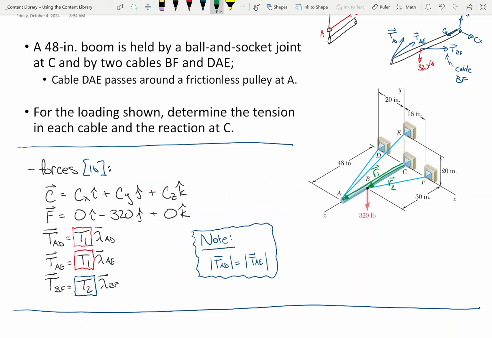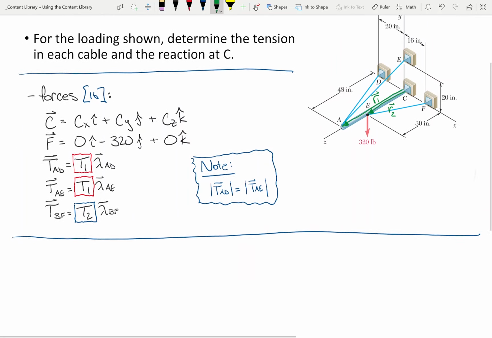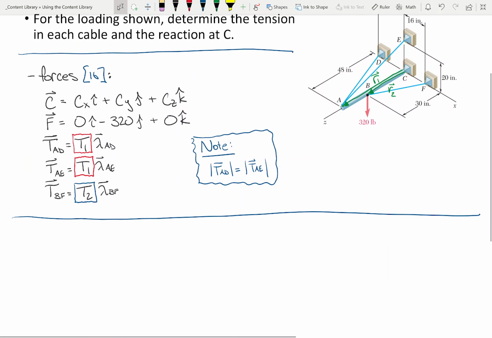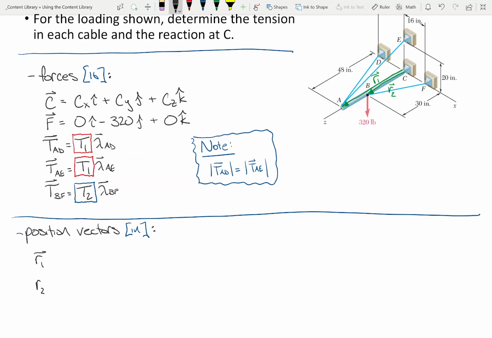So if I scroll up about like that, we have position vector 1, position vector 2.